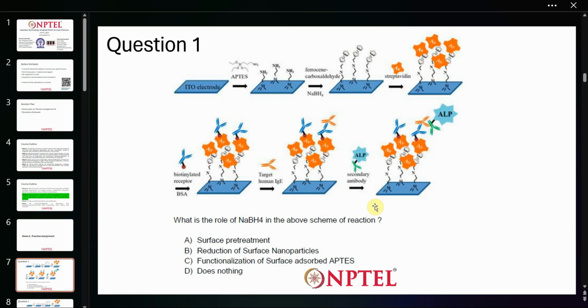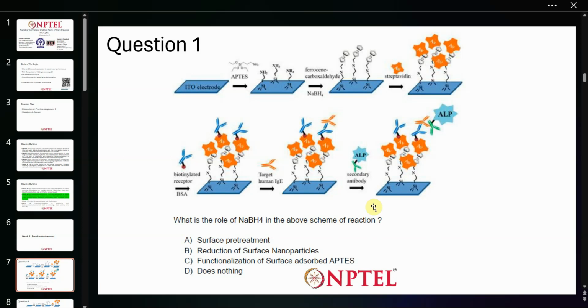We have already activated the surface and have some functional group on it, then we modify those functional groups using the NaBH4 and ferrocene carboxaldehyde reaction. Then we put streptavidin. Streptavidin is a protein, and it is used in this reaction because streptavidin has 4 binding sites for biotin antibodies.